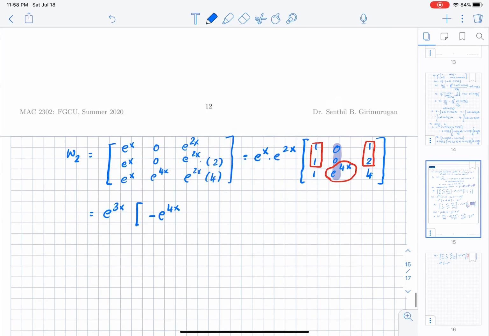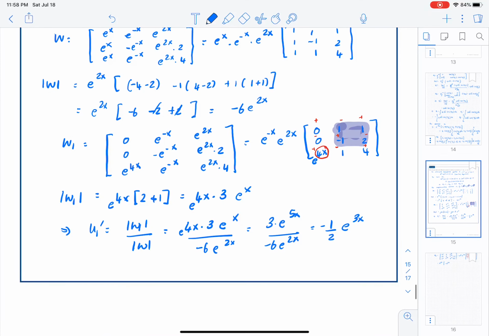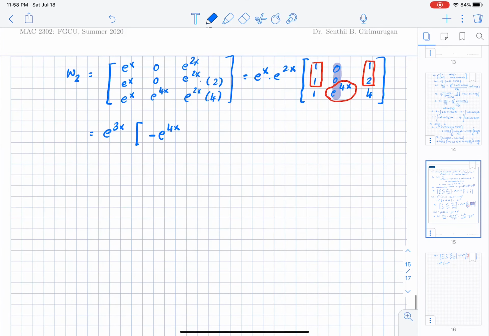Erase 4x with a negative because the sign here is negative. And we find the determinant of 1, 1, 1, 2. So we have erase 7x times 1, which is simply erase 7x.